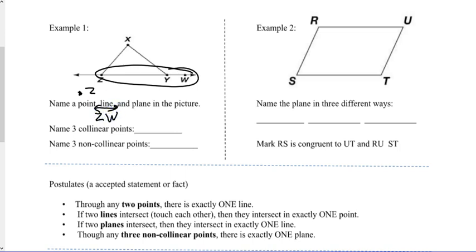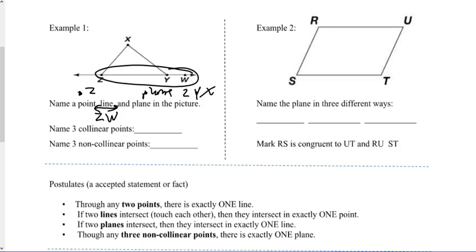I could have used ZY or WY, doesn't matter. And a plane, I cannot use those three letters. So for a plane, I would have to say plane ZYX, ZWX, YWX, but not collinear points.